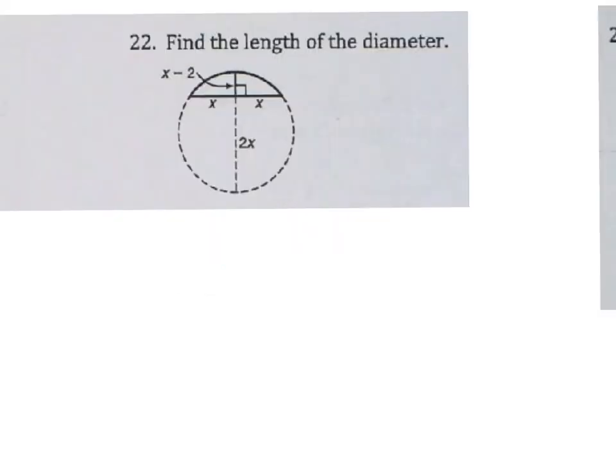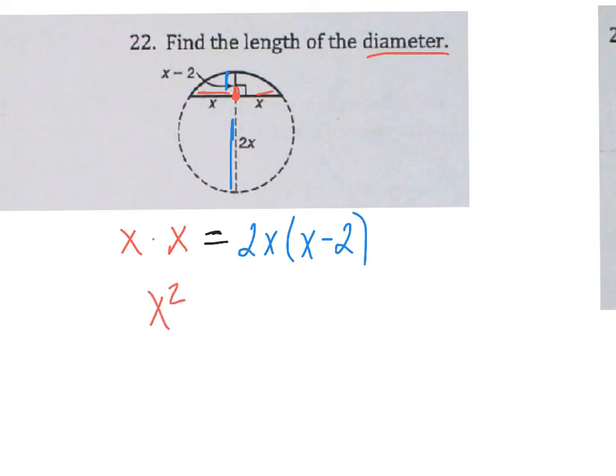For this next problem, I do want the length of the diameter, but let's just focus on solving for x. So technically, I have two chords that intersect inside my circle. So I'm going to do the same thing I did for the previous problem. I'm going to multiply the two pieces together and set it equal to the product of these two pieces. So it's going to give me 2x times x minus 2. So x times x is going to give me x squared.